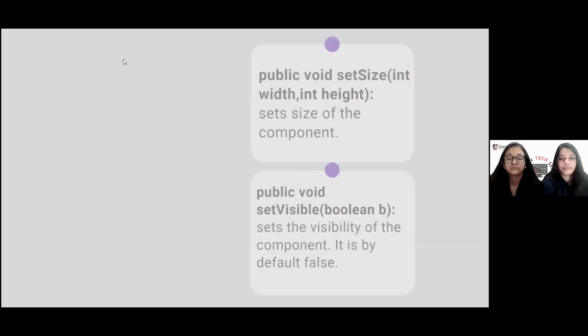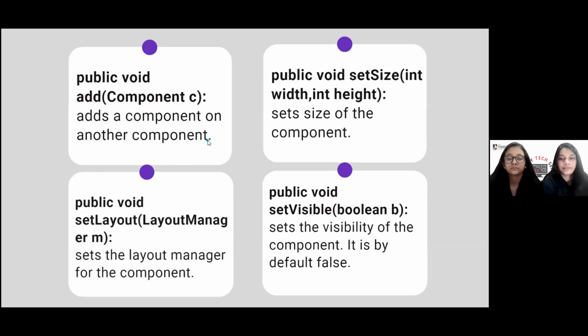First, we have the add method, which adds a component to another component. In this method, the parameter is itself a component. Second is the setSize method, which is used to set the size of the component. In this, the parameters are two integers separated by a comma, which are the width and height of the component respectively.